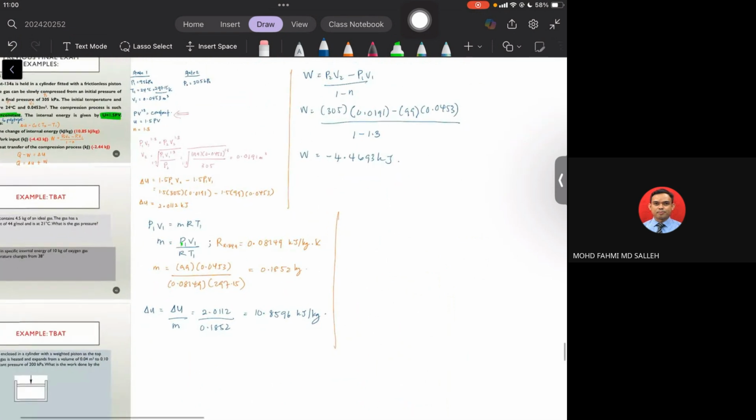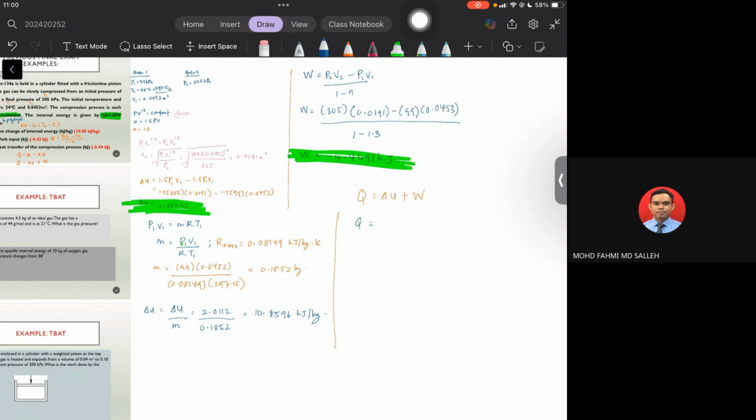Okay, and then the third question is the heat transfer. And we know that the heat transfer is equal to changes in the internal energy plus the work. So it requires us to calculate in the unit of kilojoule. So for this, the internal energy that we're going to use is this value, and for the work will be this value.